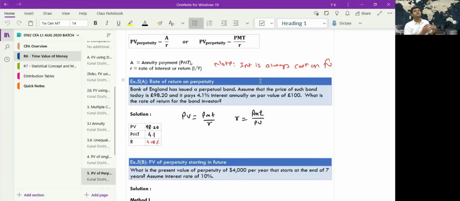If you have annuity, if you have return, you can find price and so on. So if you now look at this example, someone who invests 98.2 today in this bond will be getting 4.1 forever. So he's making 4.1 on 98.2 dollar or pound of investment. So his return is 4.18%. That return is nothing but here my I.